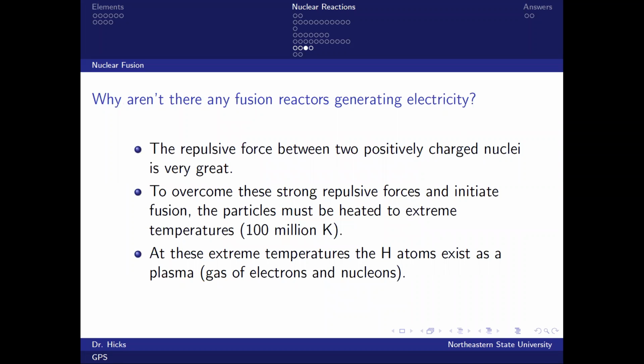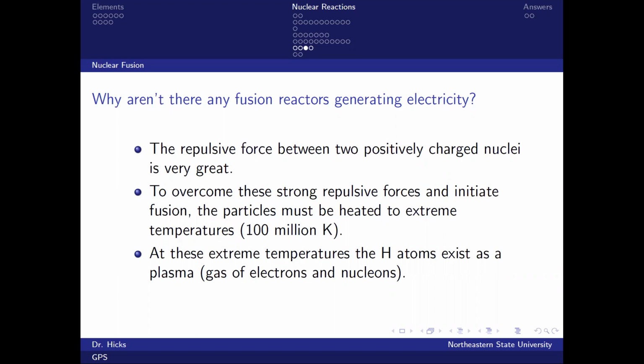The reason we don't have any fusion reactors generating electricity right now is that it's really, really hard to push together the positively charged nuclei to get them to undergo nuclear fusion. It's possible in stellar conditions, like for a star, because the gravity is so strong, because there's so many particles under their own gravity.